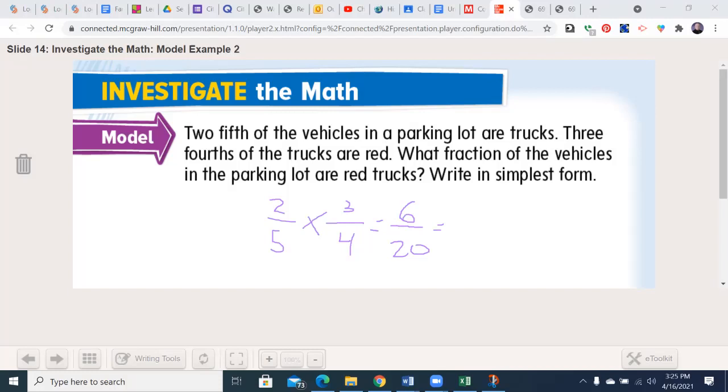The factors of 6 are 1, 2, 3, and 6. For 20, it's 1, 2, 4, 5, 10, and 20. The biggest one in common is 2, so I divide the top and bottom by 2. 6 divided by 2 is 3. 20 divided by 2 is 10. So 3/10 of the parking lot are going to be red trucks. It's about 30%.